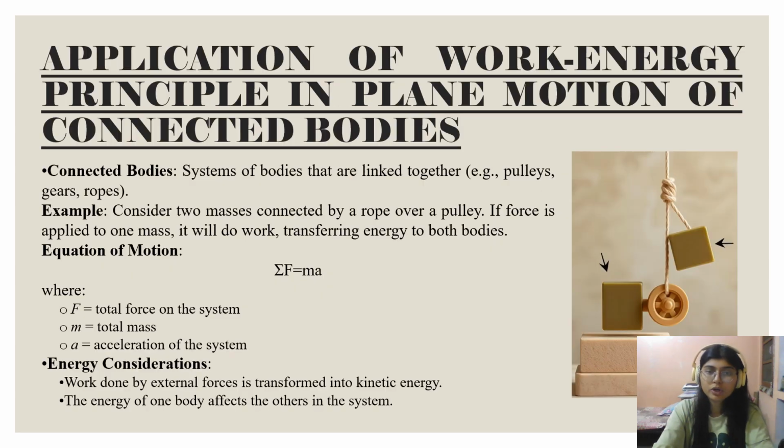Now we will learn about application of work energy principle in plane motion of connected bodies. As you can see in this figure, there is a pulley and two masses connected to it. Connected bodies are a system of bodies that are linked together.